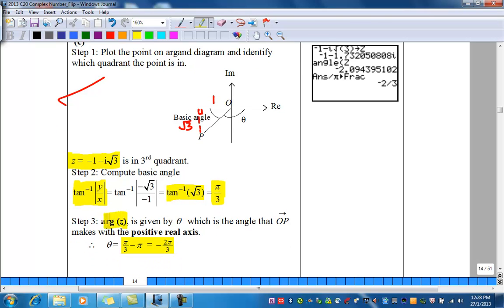The argument of z, which is the angle between OP and the positive real axis, therefore theta will be pi over 3 minus pi. That will give you minus 2 pi over 3.